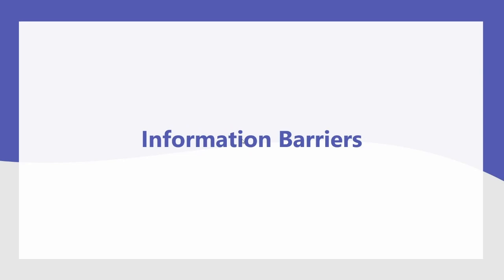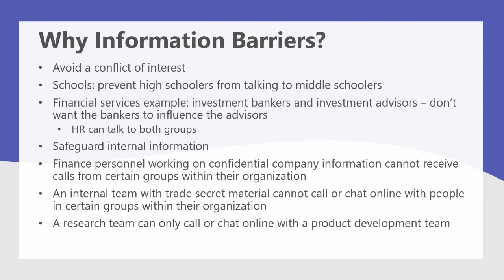All right, so switching back to the presentation, information barriers. So what are information barriers? Basically, the reason we might use them is, for example, to avoid conflicts of interest. Or in an education scenario, you would not want high schoolers to be talking to middle schoolers over Teams one-on-one chat.